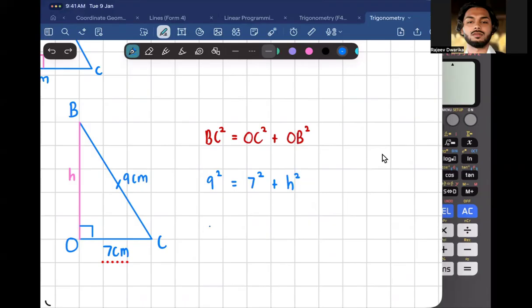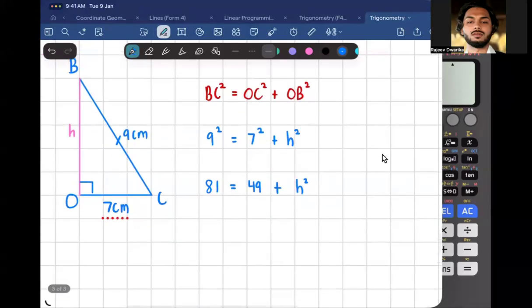So 9 squared is 81. 7 squared is 49. Right? Well, switcheroo. We're gonna end up with H squared is equal, moving the H to the left. Right?